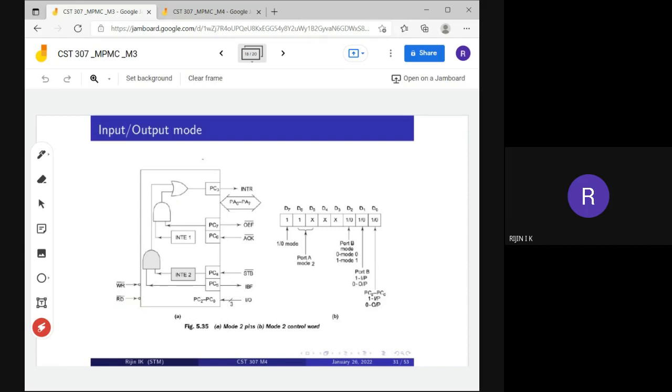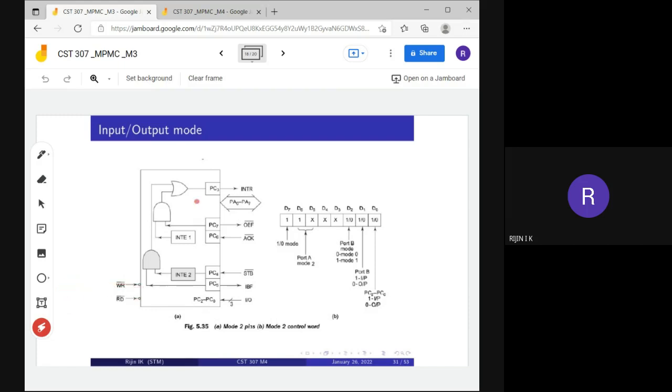A similar operation is performed for output operation. Suppose the microprocessor wants to send some data to the external device. Then what it will do? Same operation. First the microprocessor will generate a write control signal.